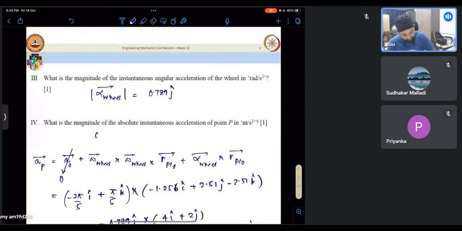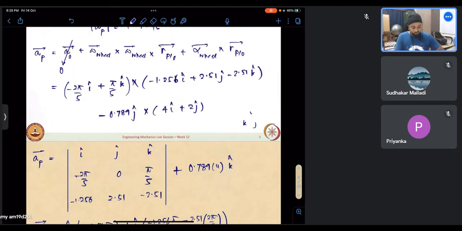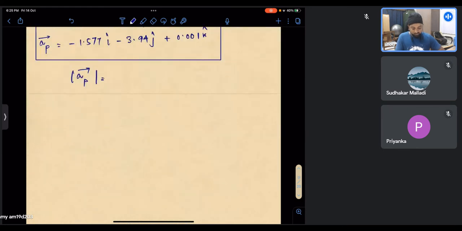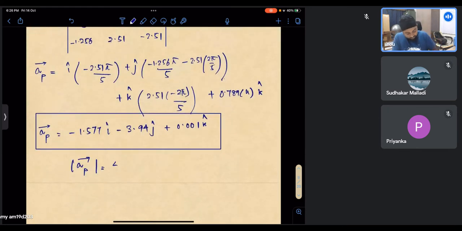So our acceleration of P vector's magnitude is nothing but 4.24 meters per second squared for this problem. So this ends this problem, 4.24 meters per second square.